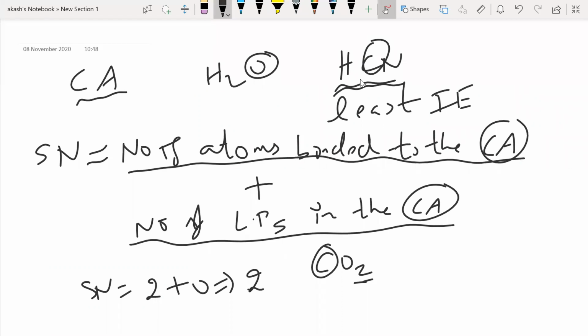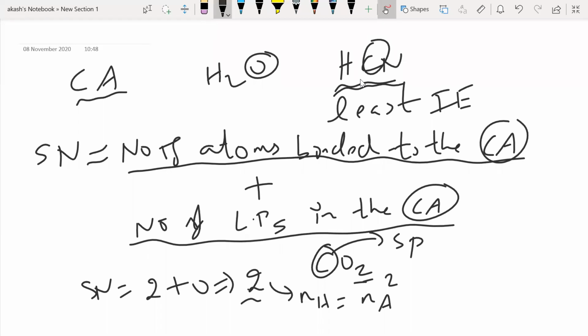Now with this number, how will you predict the hybridization? Please understand, it is actually going to talk about the number of hybridized orbitals formed, and that is going to be equal to the number of atomic orbitals combining, right? So if the steric number is 2, that means 2 atomic orbitals are combining, and there is only one possibility: one s and one p orbital combining. So for carbon in this case, it is going to be sp hybridized.